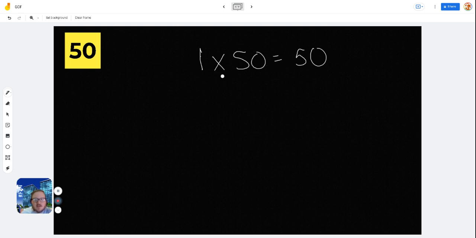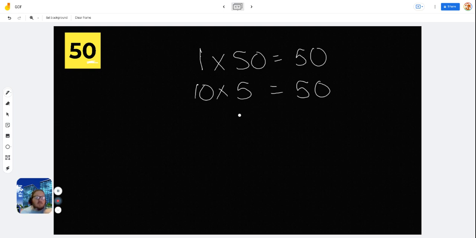Okay, let's see what else I can multiply to find 50. I know that 50 has a 0 on the end of it, which means if I multiply 10 times 5, that's just going to be 5 times 1 with a 0 on the end of it, which is going to be 50. Cool. Okay, let's move on to the next thing.